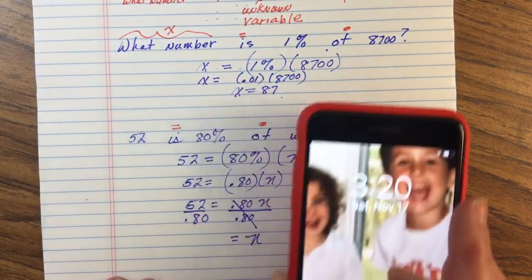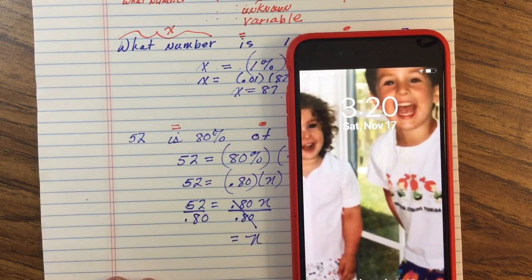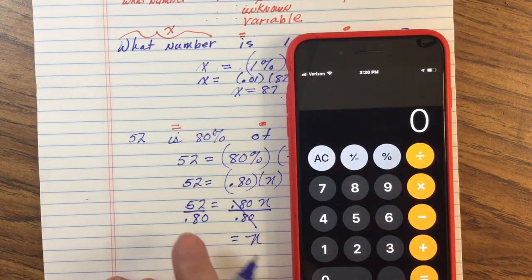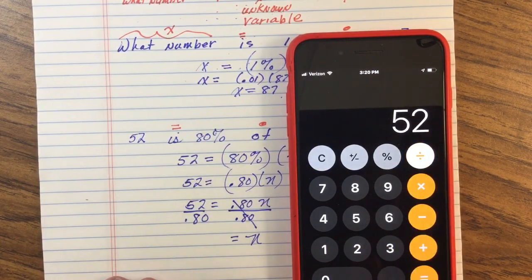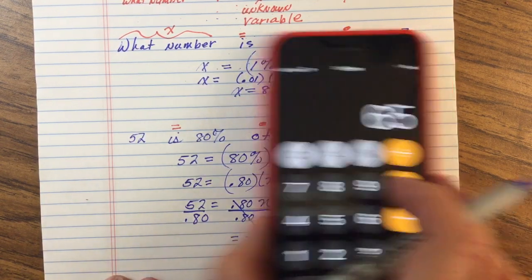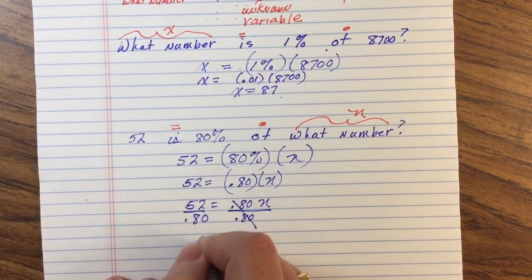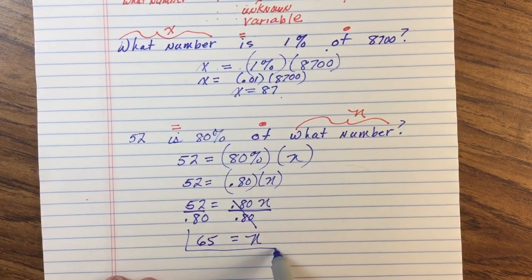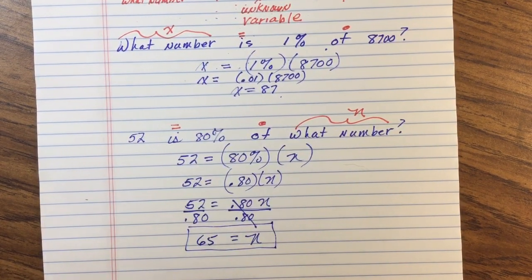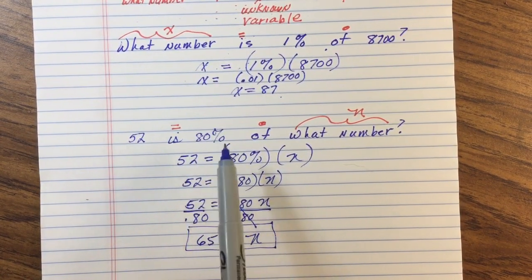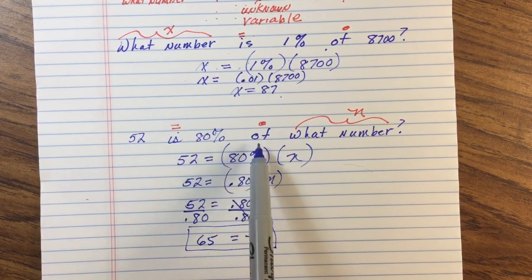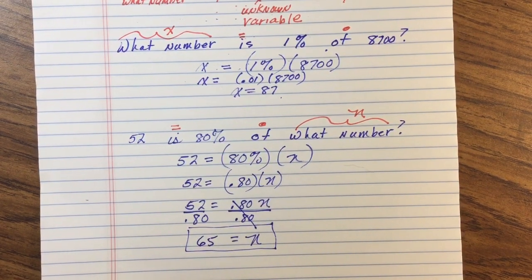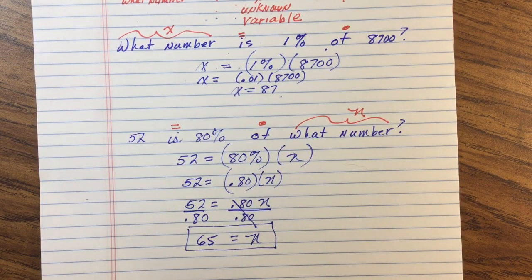Again, let's go to our calculator, and we're going to divide 52 by 0.8, and we get 65. So my answer here is 65. I'm just going to go back and verbally plug that into the original question. 52 is 80% of 65. And that too makes sense.